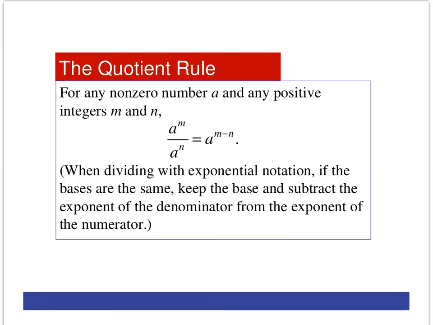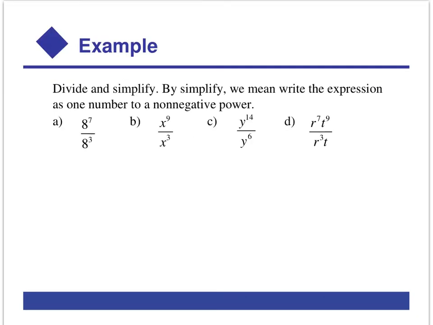Now when you're having division, you just take the smallest exponent from the largest and you subtract if they have like bases. So in this particular case, 8 raised to the 7th power is going to be 8 raised to the 7th power minus 3, because we're subtracting exponents this time.